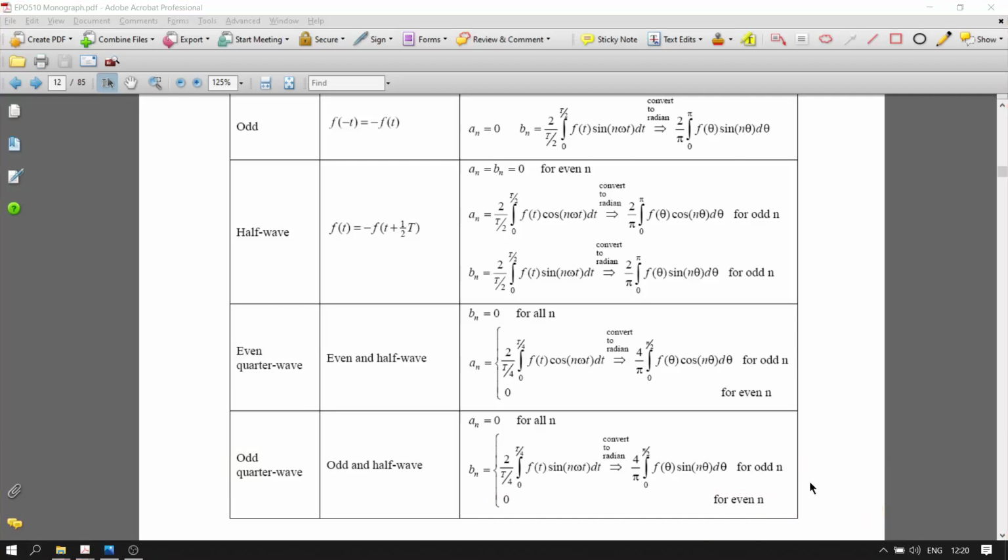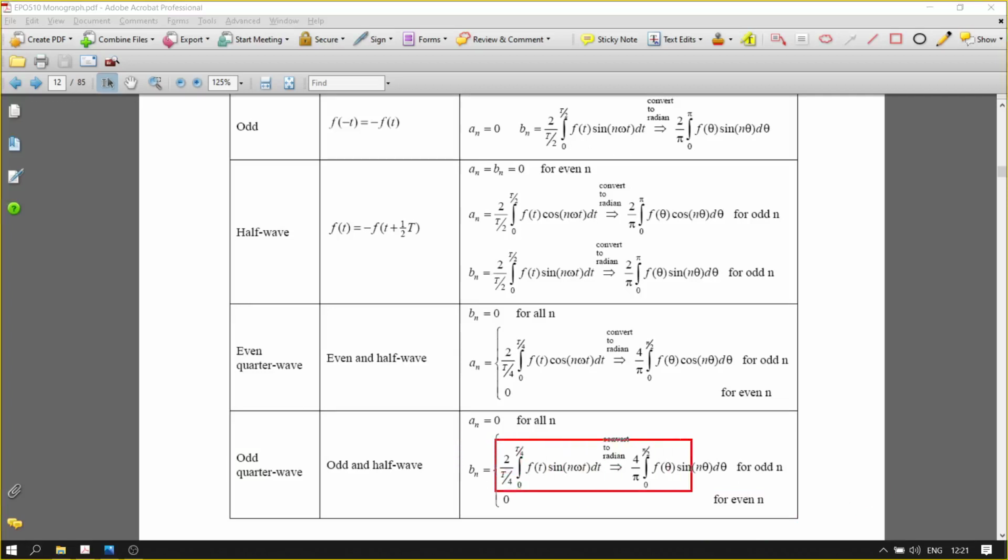So what is left is Bn with odd numbers. So this is the condition.